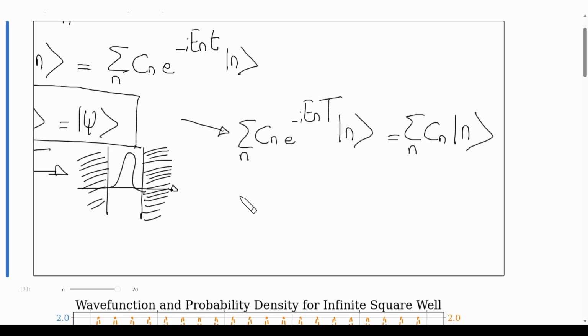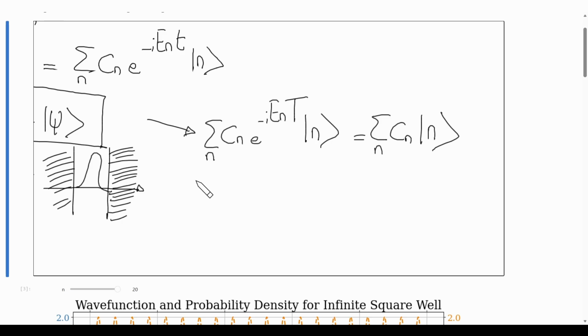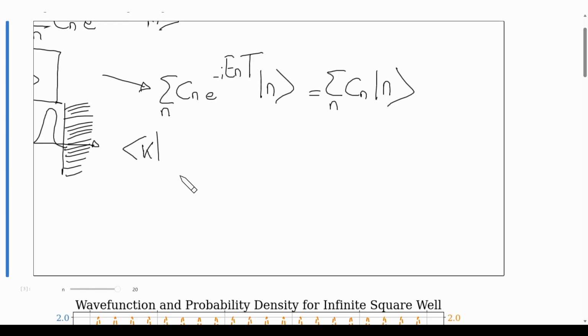Let's project this over some state k. So if we apply this bra to this equation, what we get is Cn e to the minus i En t delta kn equals Cn delta kn.